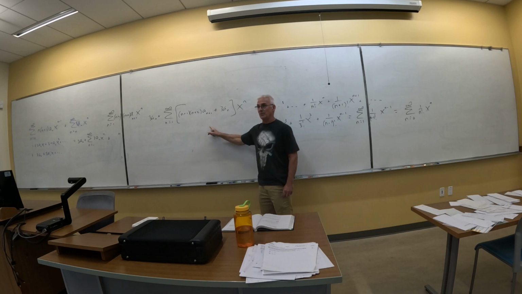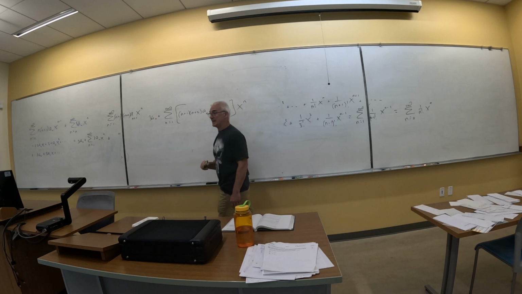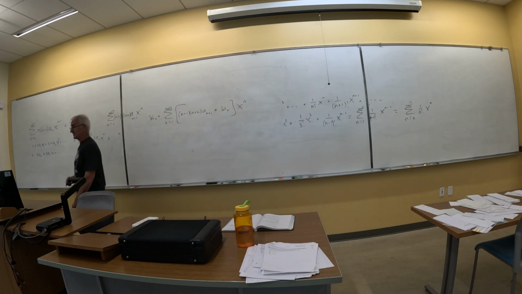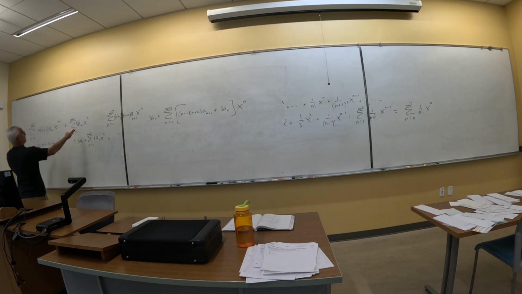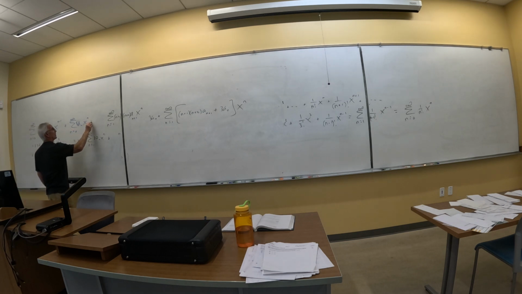My n is 1, 2, 3, 4, 5, and so on. Now, one of our goals later on is to figure out the a's. Okay, and that's not a trivial thing. What if I said to you, here's my original statement of the problem, and I would like all of this to equal, I don't know, 0.